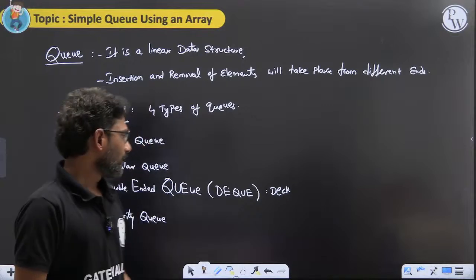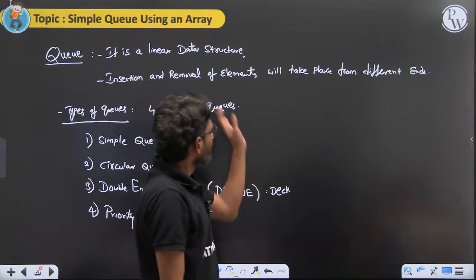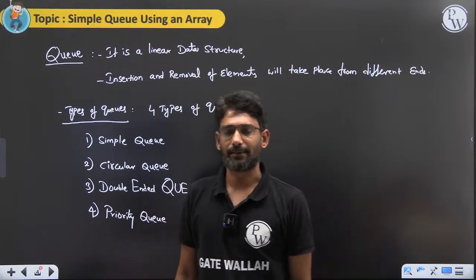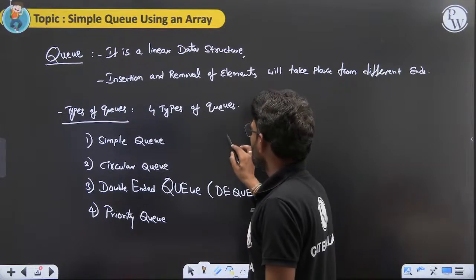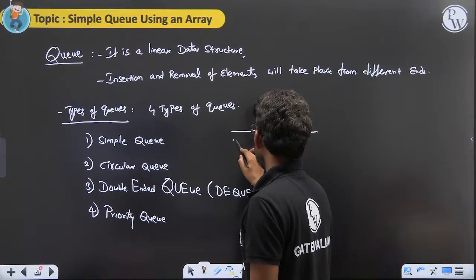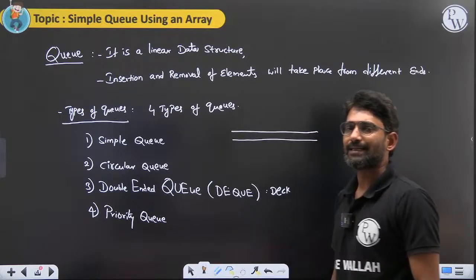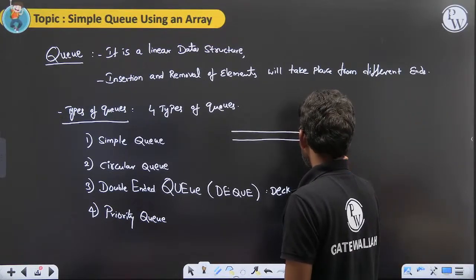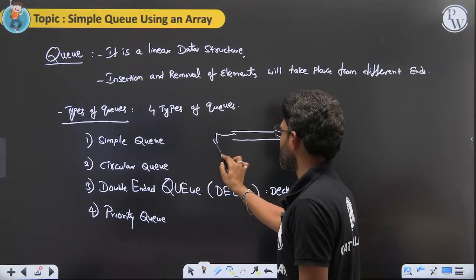Now as I said, there is a clause for this particular point. There are conditions that apply. In a simple queue, insertion happens from one end and deletion happens from another end. Like if we are doing insertion from this end, deletion happens from this end.